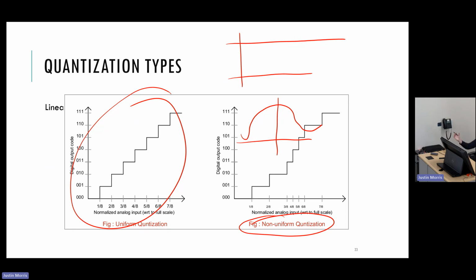And as we go out, our error increases. But it's okay because it's not very likely that we'll go very far out, right? So we're going to focus on this linear quantization, but just know that these other forms of quantization exist for the different kinds of input distributions.